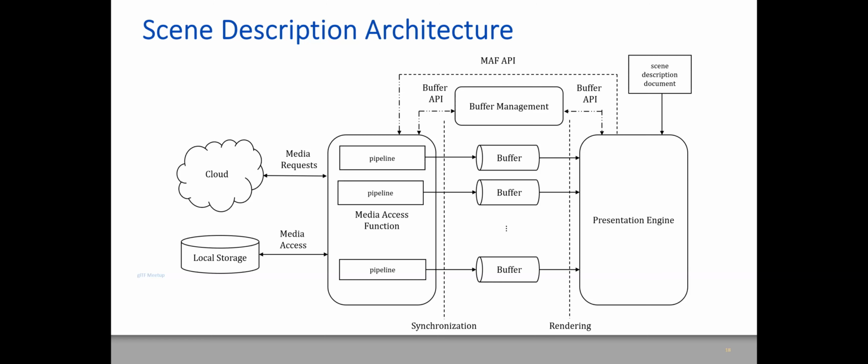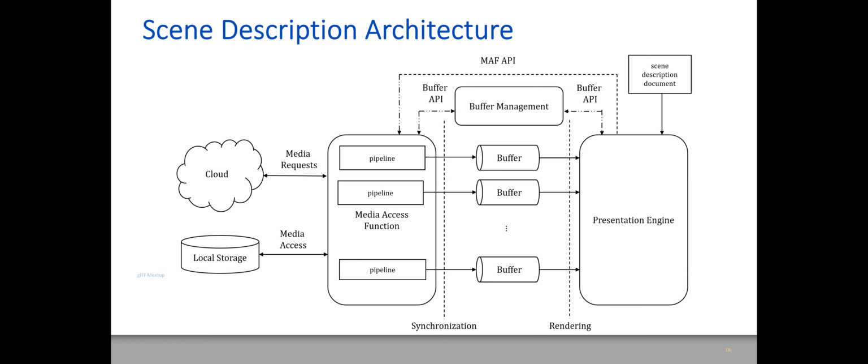It generates a pipeline that is tailored to that media format and will ensure that at the end, the raw media is passed to the presentation engine through a buffer interface. So it will store the decoded, decrypted media into a buffer that is well formatted.